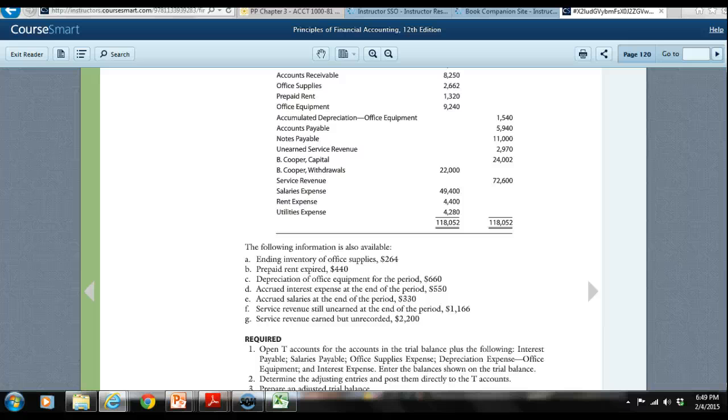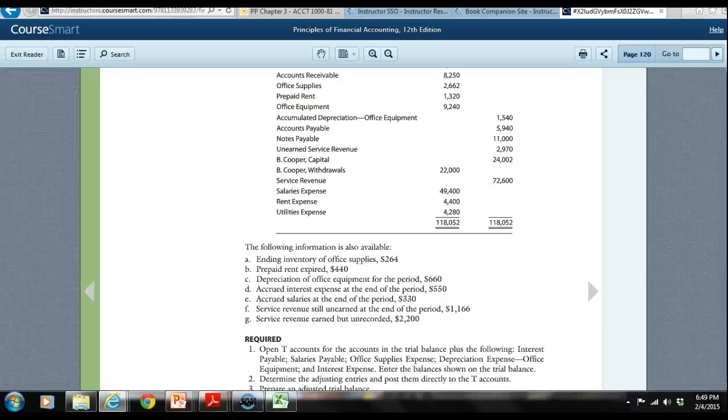What do you think it is? Yes, you're right. But that can sometimes be tricky because you're trying to understand what are they asking me or what are they telling me. But when they say this, that means they're letting you know it's expired, we need to make it rent expense.